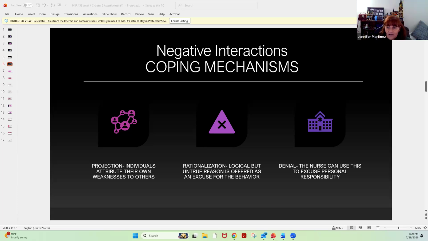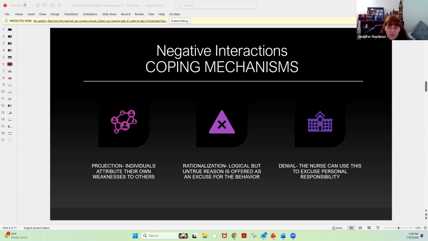And then we have denial. Unfortunately, the nurse can use denial to excuse personal responsibility. This is always something like, I didn't know, it's not my job. It's definitely something that we want to avoid because, unfortunately, nurses have a lot of autonomy.